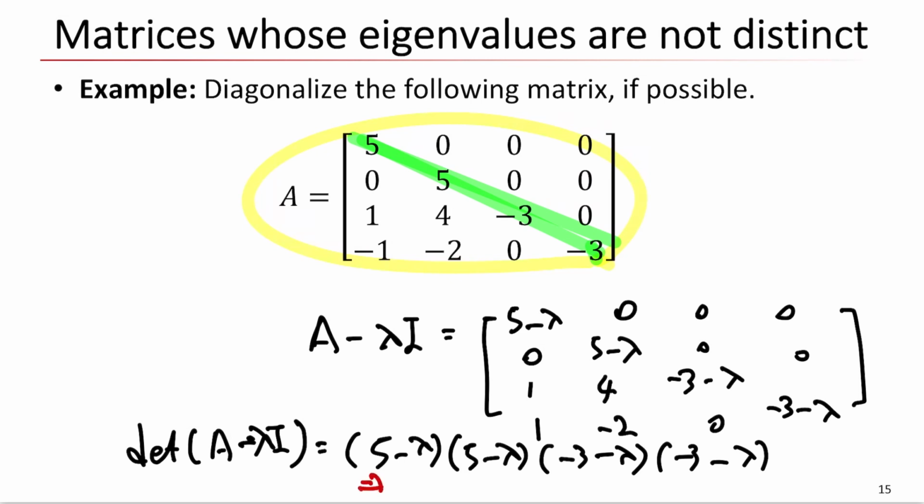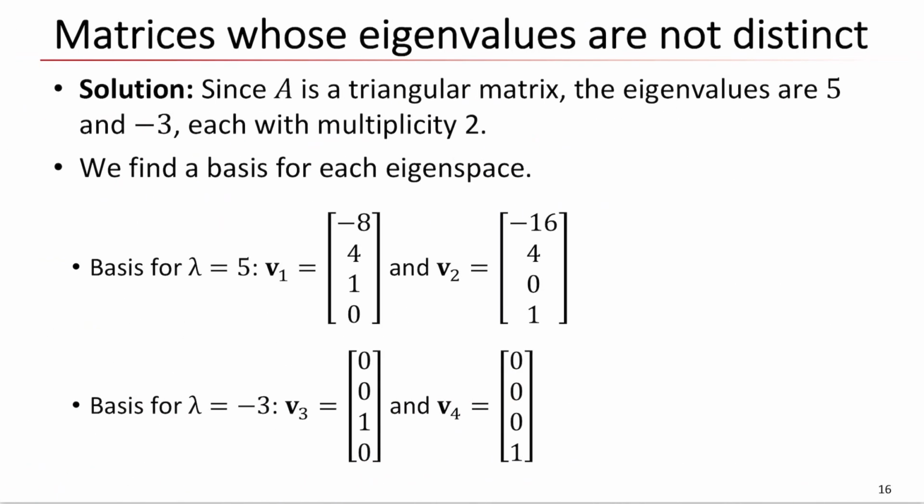So we know that (lambda minus 5) squared times (lambda plus 3) squared, and the eigenvalue should be 5 or -3, each with multiplicity 2.